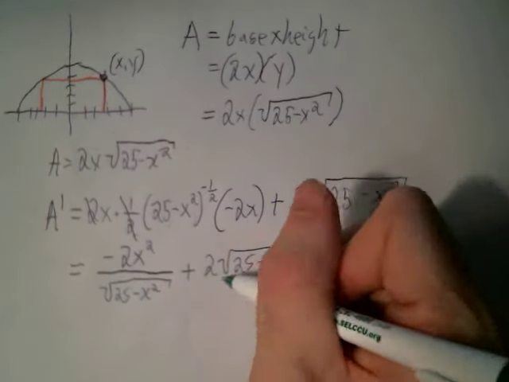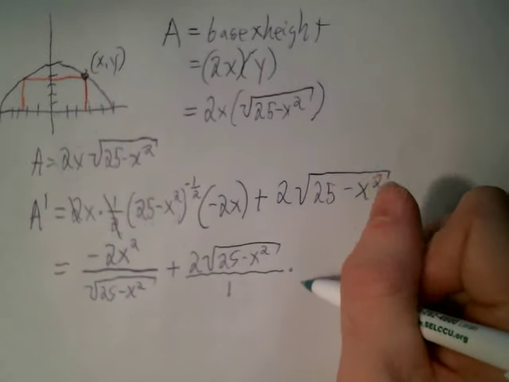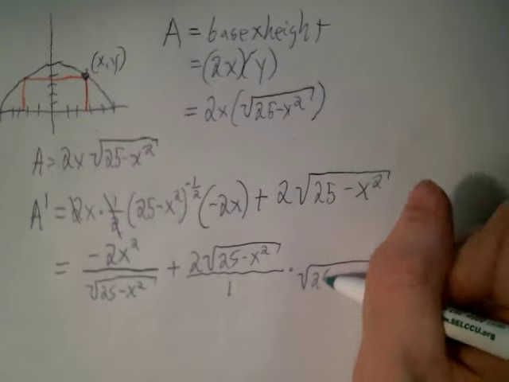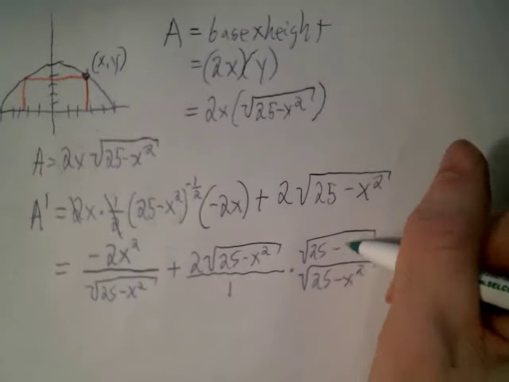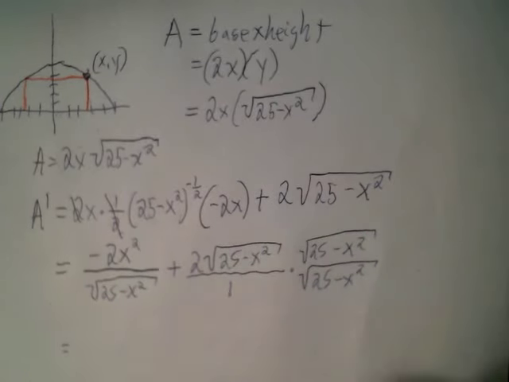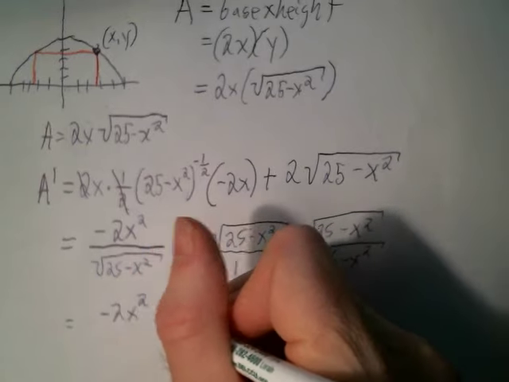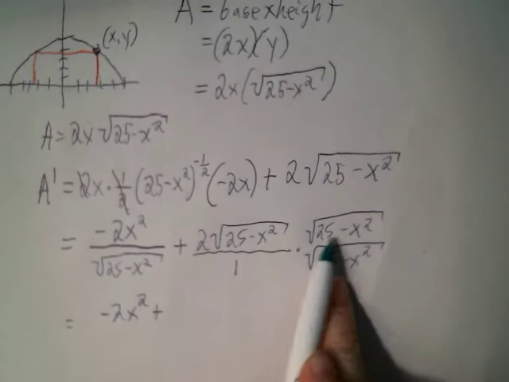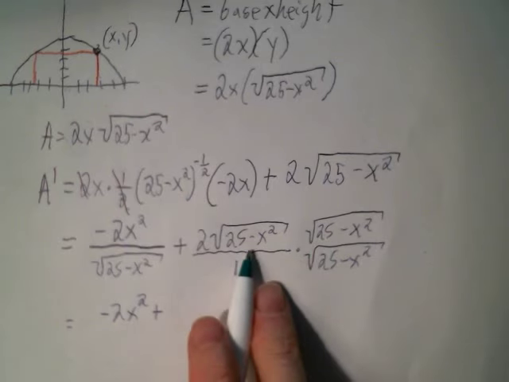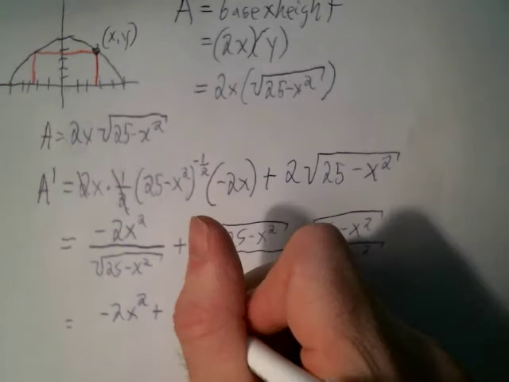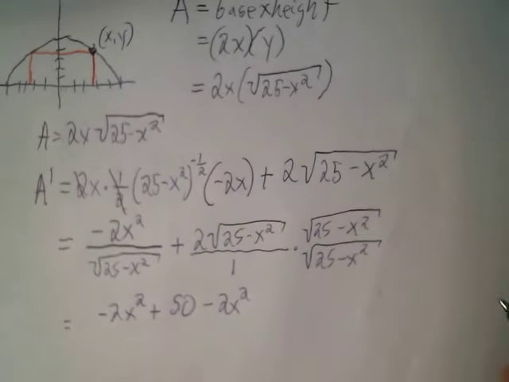I can rewrite the second term as 2 times the square root of 25 minus x squared over 1, and then multiply it top and bottom by the square root of 25 minus x squared. So I'll have negative 2x squared plus, well, when I go this times this, the radicals will go away, and I'll just have 2 times 25 minus x squared, which will be 50 minus 2x squared.